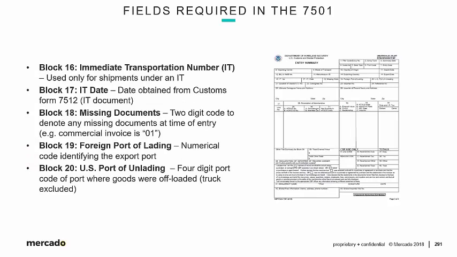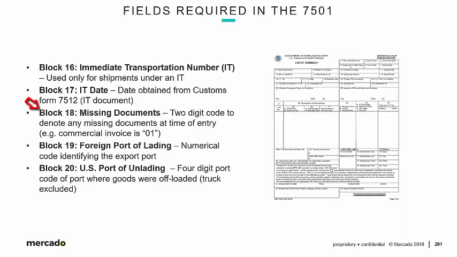Blocks 16 and 17 are related to a scenario specific to an IT, a type of entry that we spoke of several sections ago, an immediate transportation. If indeed an entry is under an IT, we would have to put the IT number in Block 16, and in 17, the IT date, which would be obtained from the 7512, which is the actual customs form used to execute an IT.